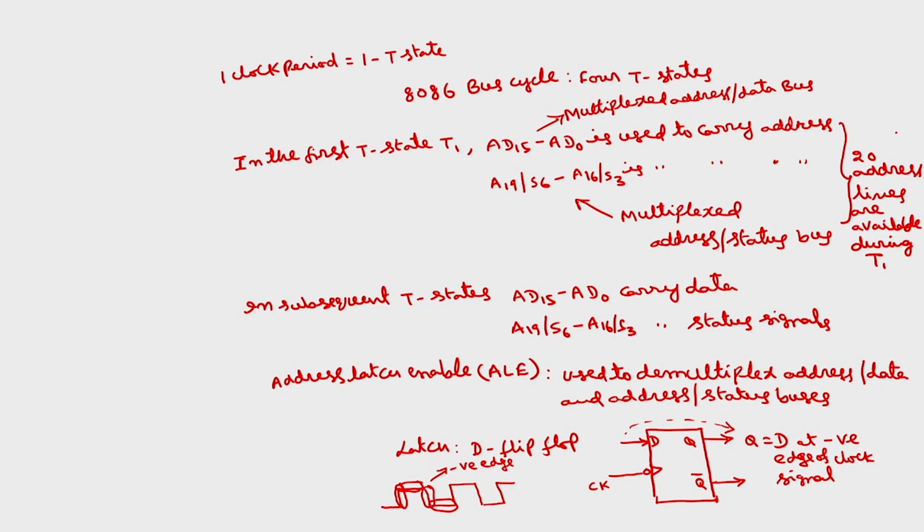If I use 8 such latches inside an IC, it is called an octal latch. There are some ICs available which act as octal latch, which is the 8282.